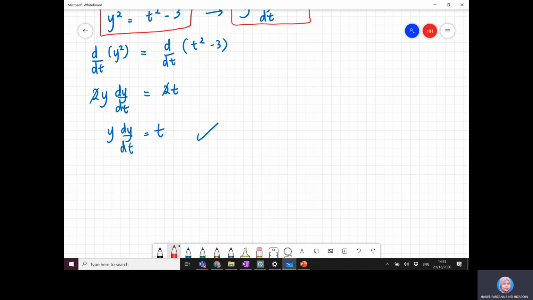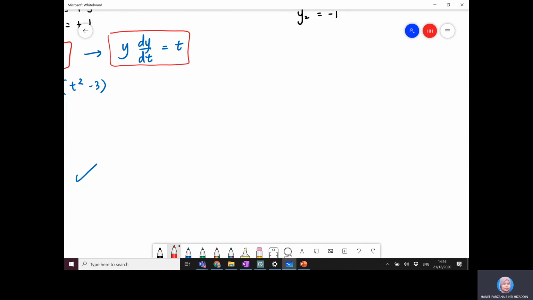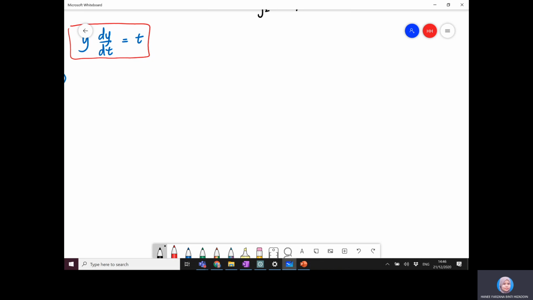Next you want to verify that y2 equals negative square root of t squared minus 3 is the true explicit solution for y dy/dt equals t. So from here, you want to get to here. How? So you do the same thing, okay?